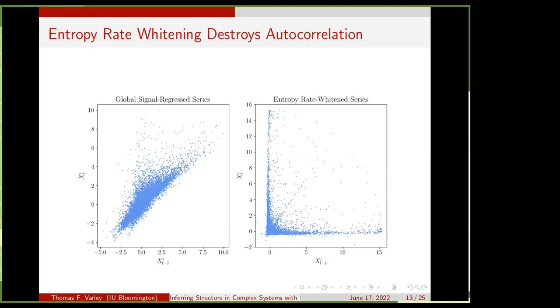Okay, and you can see this in a scatter plot. On the left-hand side, you have all of the time series for, I think, Xenobot 1, just the immediate past correlated against its immediate future for all k elements. And you can see a very smooth, largely linear autocorrelation function. After whitening with the entropy rate, you can see that it is a completely different shape.